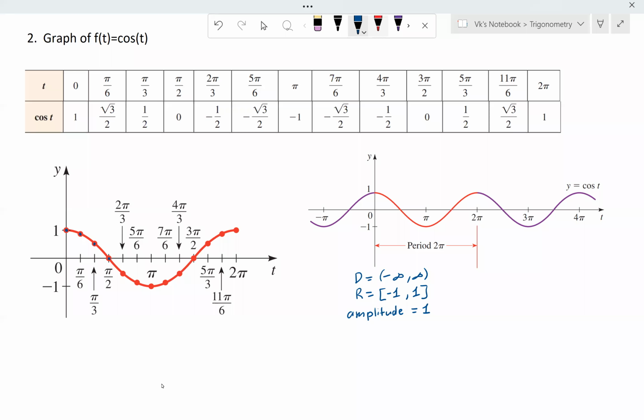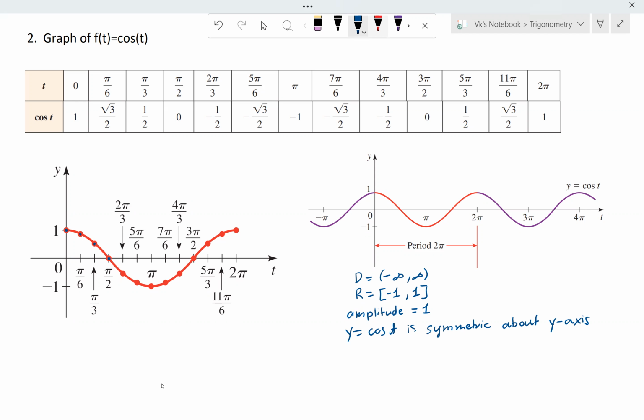What is not the same here is, if you look at the cosine graph, you will see that it is symmetric about the y-axis. Y equals cosine t is symmetric about the y-axis.